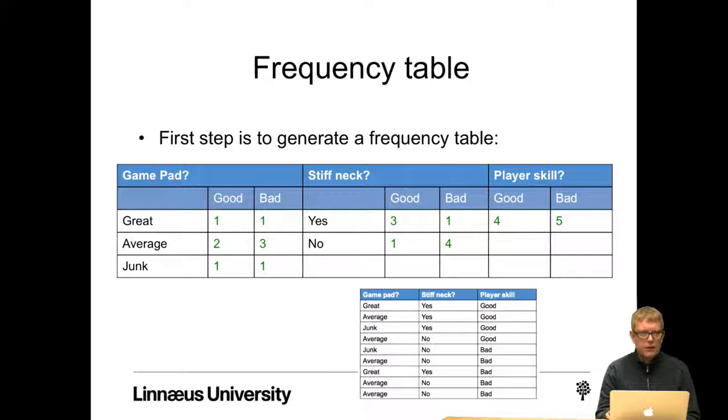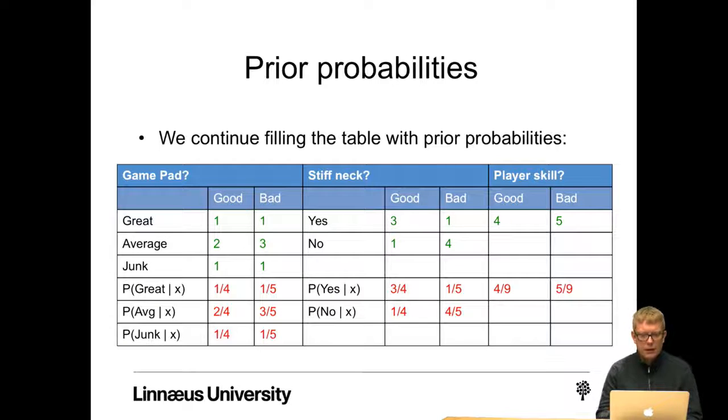And we continue using the frequency table to fill in the prior probabilities. So the probability of having a great gamepad given good FIFA skill is 1 in 4, because we have one example that is great and good, and 4 examples of good. Same goes with great gamepad and bad player skill.